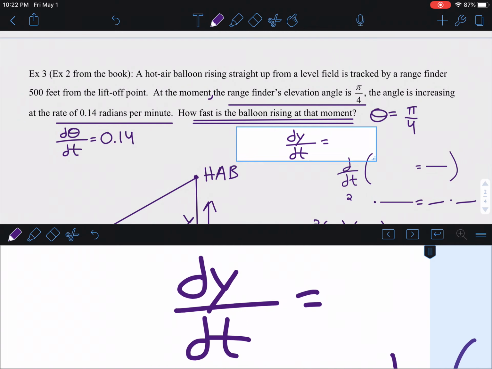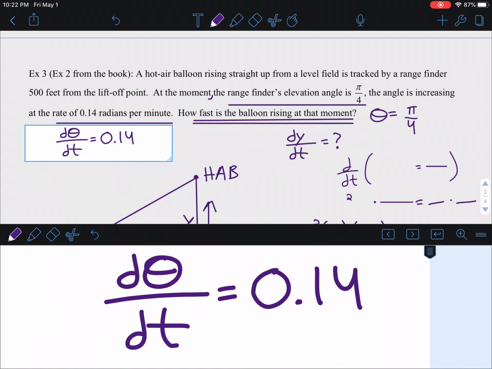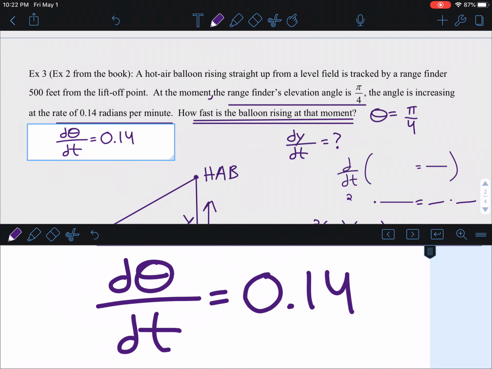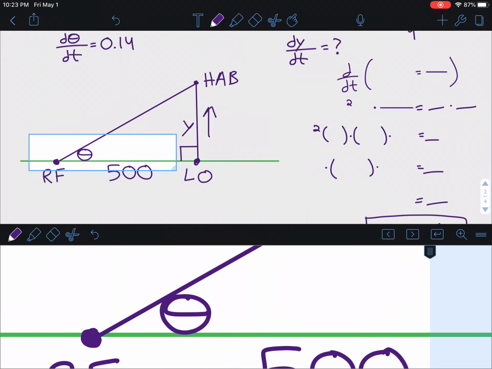So I have 2 rates here. dy dt I do not know. d theta dt I do know. I want to relate the variables y and theta in this scenario. How can I connect these two? This is where it's helpful to remember that we drew a right triangle. What are some things we do with right triangles?